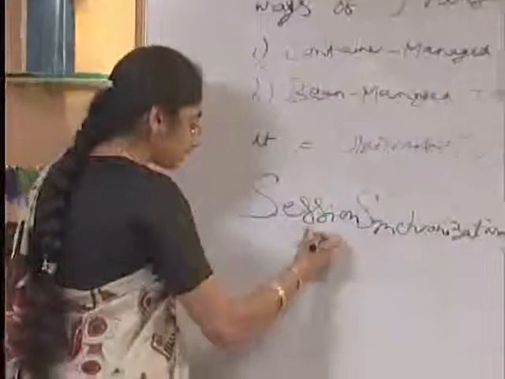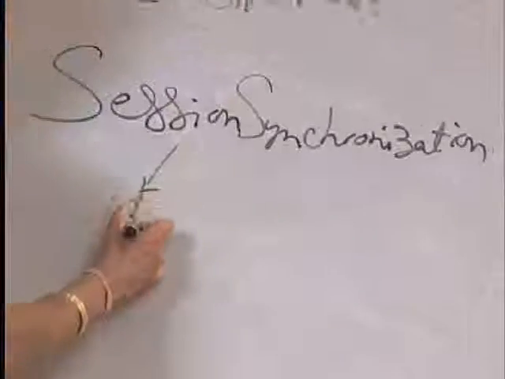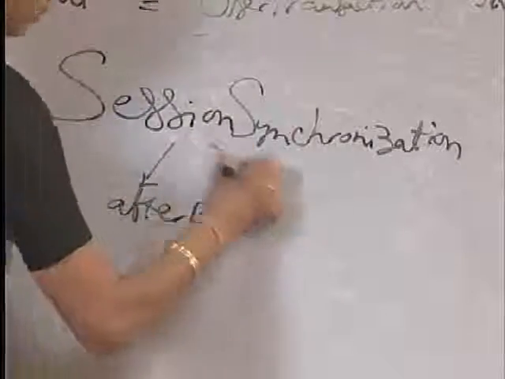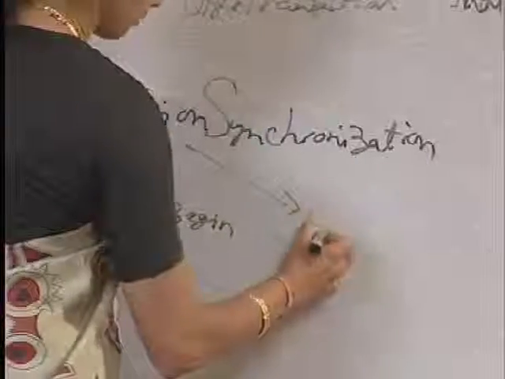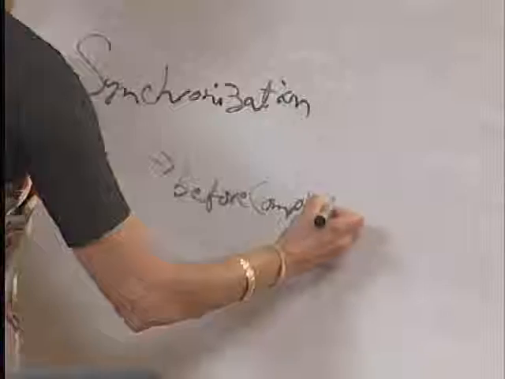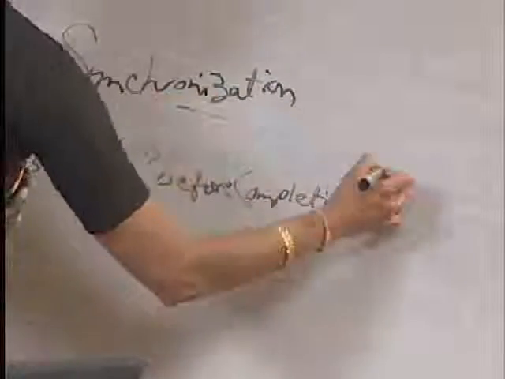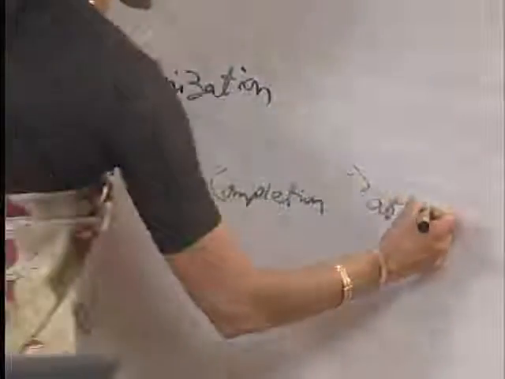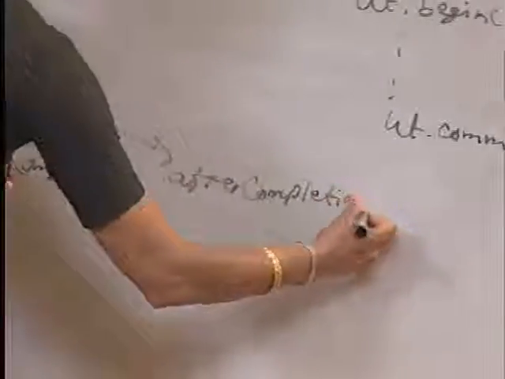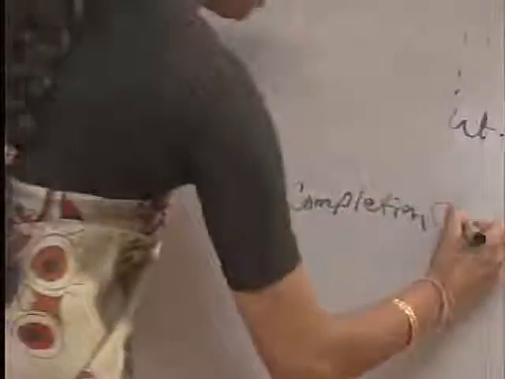This has three methods: after begin, before completion, and after completion. This after completion takes a Boolean value.